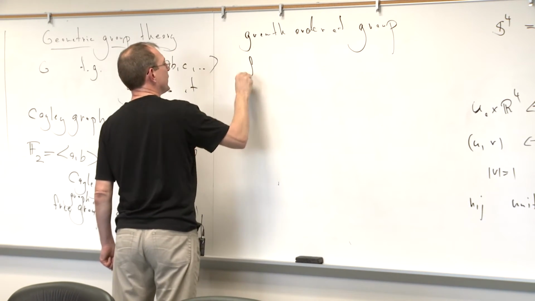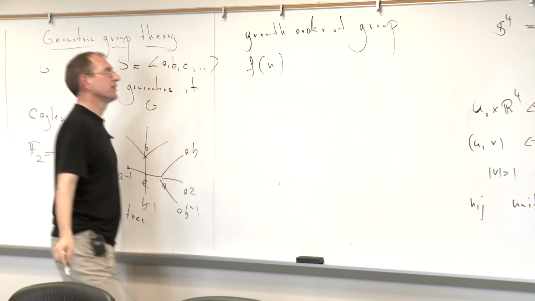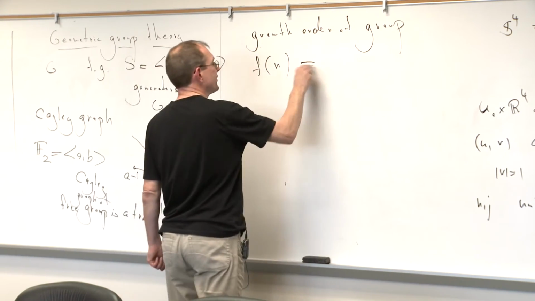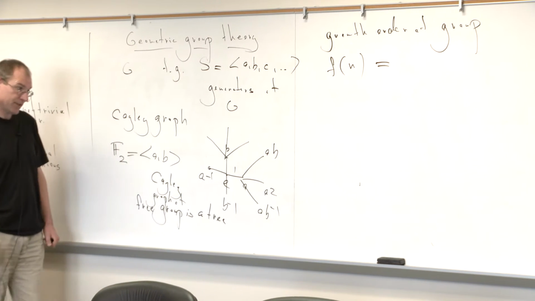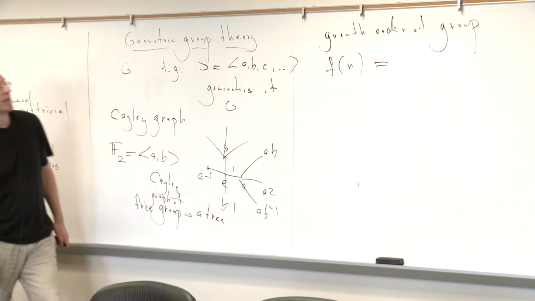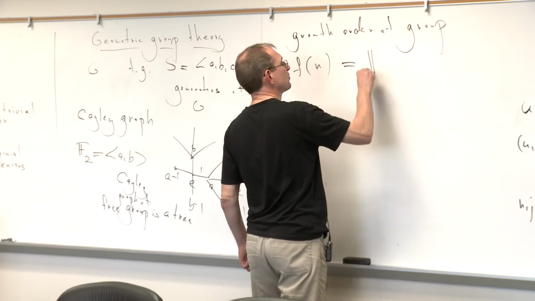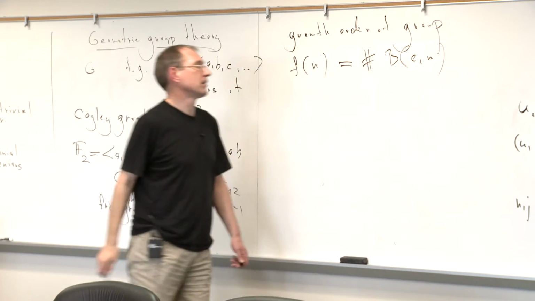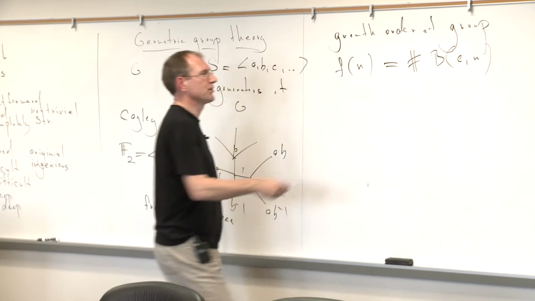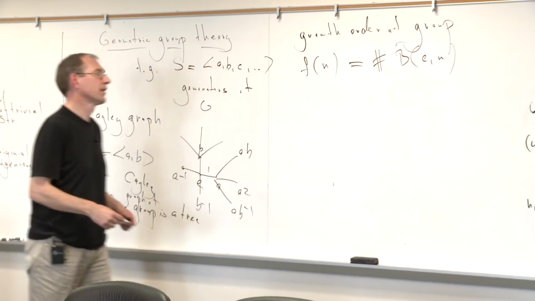It's a function on the integers. The definition is very simple. You just look at your Cayley graph. You think of all edges as having length 1. You just look at the cardinality of the ball of radius n that's centered at the unit element. Let's say the closed ball to be specific.